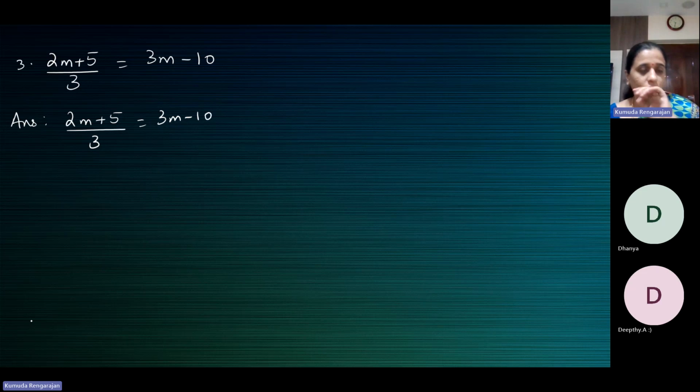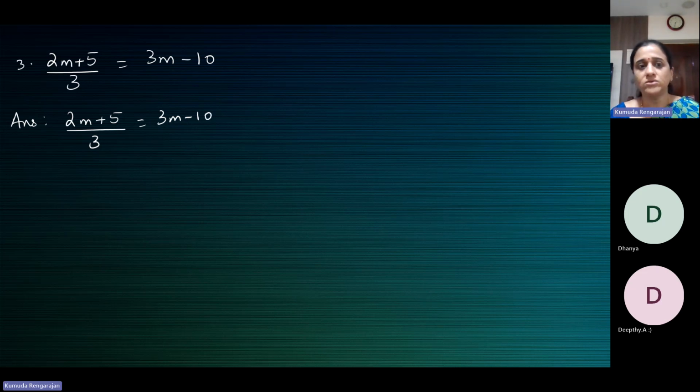So here, what do you see on the left-hand side? We have only one term, 2m plus 5 by 3. Now, there's only one term, and you cannot simplify that any further, right? The left-hand side is completely simplified because there's only one term. There's no scope for taking LCM or whatever.